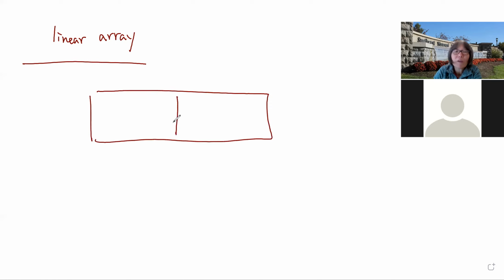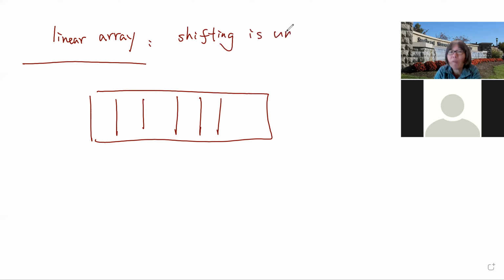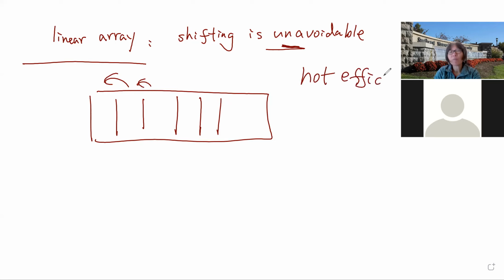You just store items in an array that's linearly distributed. With a linear array, shifting is unavoidable. There is a lot of shifting we need to handle, so this is not efficient.